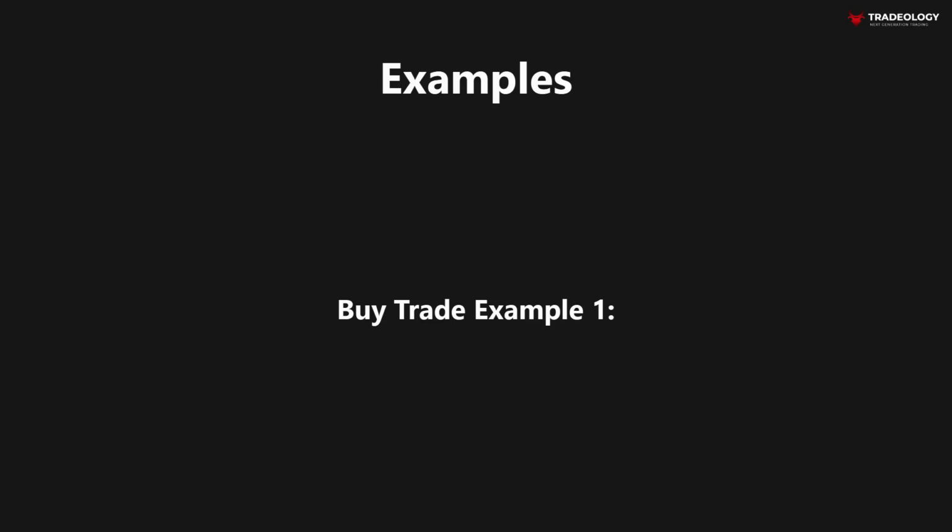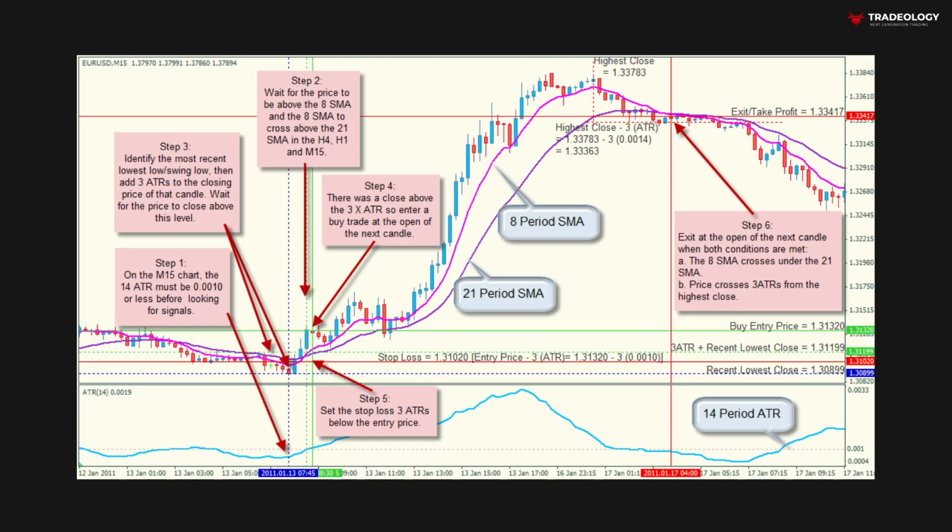To get a better idea, let's have a look at some examples. Example 1. Now, I'll give you a chance just to look at the image. And you can see I started looking for the trade setup along the blue vertical line when the ATR is below the 0.01 level.